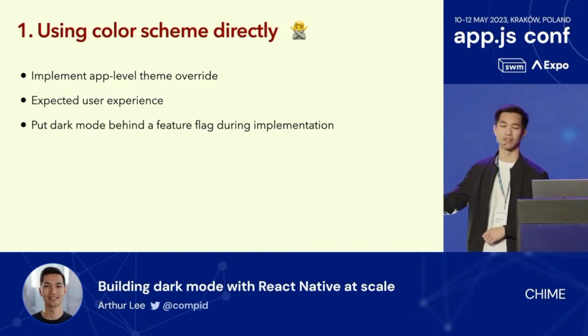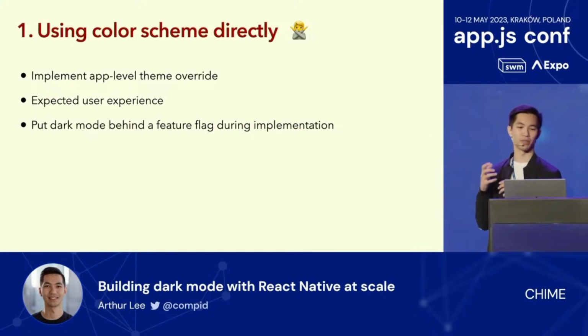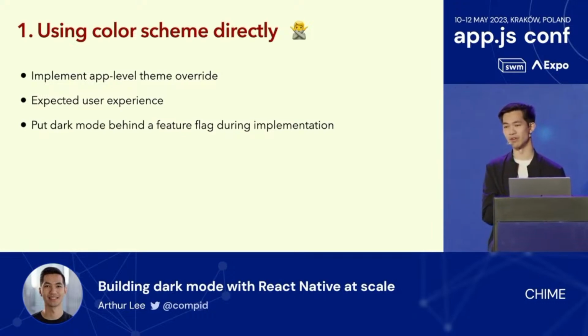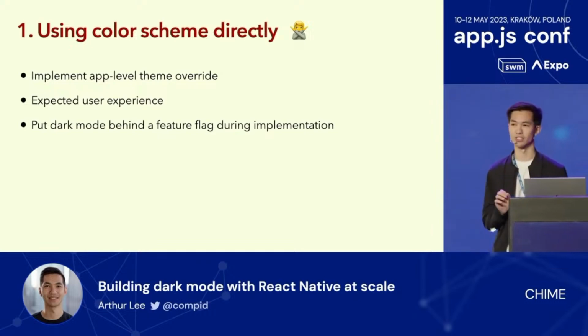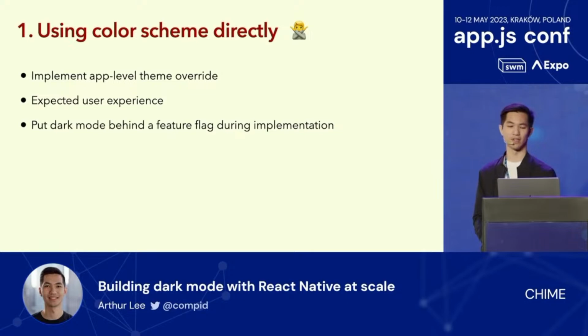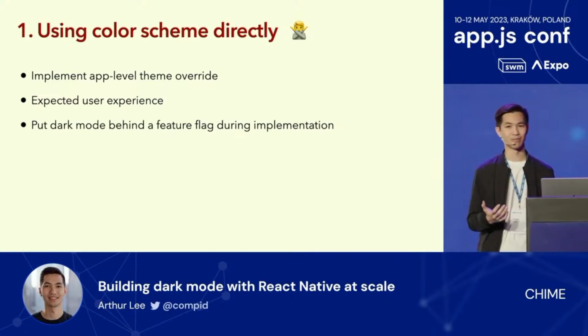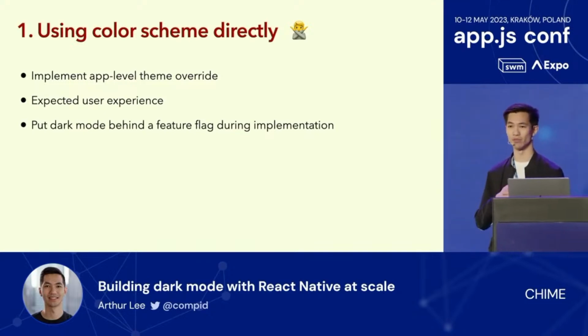By having an app-level theme override, we're able to put the theme switcher behind a feature flag and force all of our public users to be on light mode while we're still working to kind of finish and polish dark mode internally. No single developer or team can possibly implement dark mode in one go at our scale.